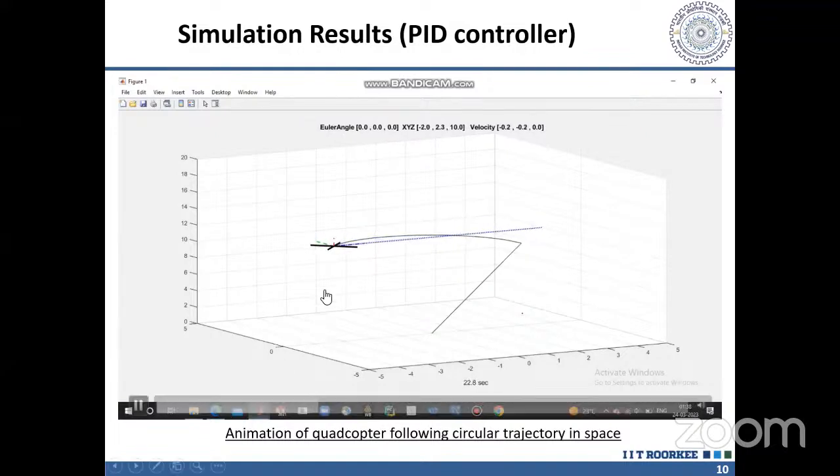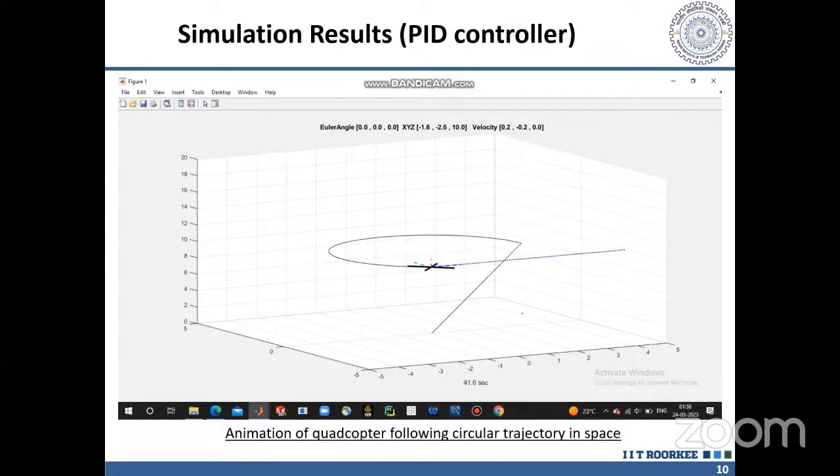Here you can see the drone is moving in a circular path, in a circular trajectory. So first we generate the reference trajectory, and after that the controller tries to make the UAV system stick to that reference trajectory. So this is the major role of the control system of any dynamics.